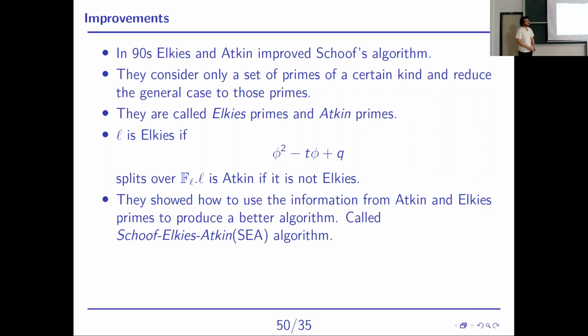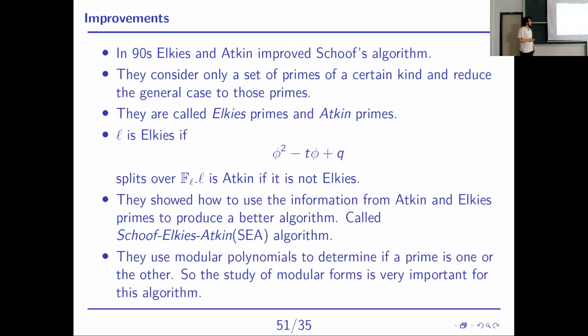And they managed to show that they can use the information from Atkin and Elkies primes to produce a better algorithm, which is the algorithm that is used today, called the Schoof-Elkies-Atkin algorithm, SEA for short. The problem now is to determine how to efficiently decide if a prime is Elkies or Atkin. And they use something called modular polynomials for this.